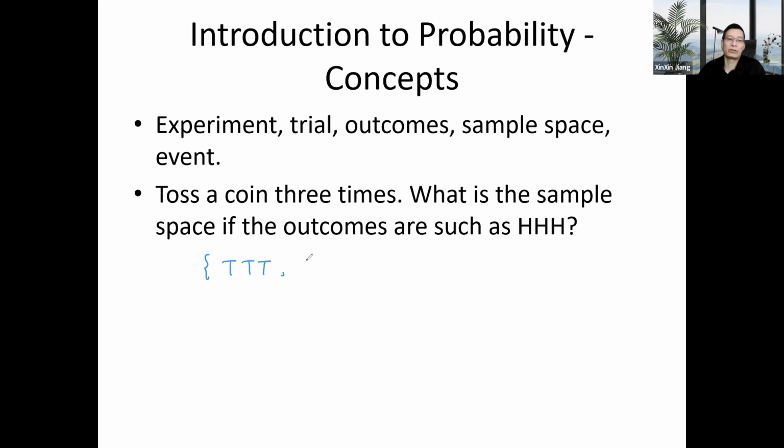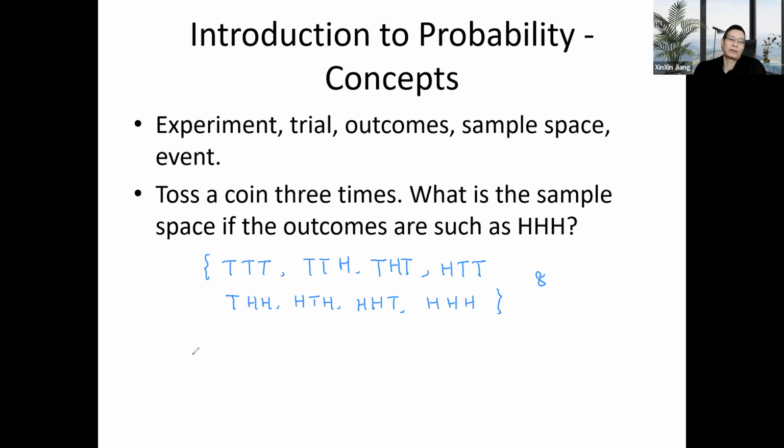Then 1 H: TTH, and let's change the position of H. Then we have 2 H's: THH, HTH, HHT. And then we have 3 H's. This is one way of listing them. Totally, there are 8 of them. So this is the sample space.